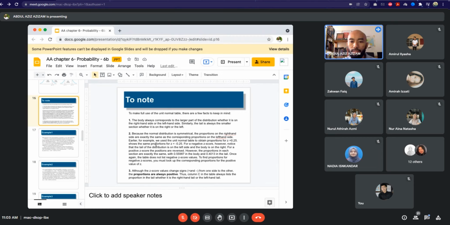Because the normal distribution is symmetrical, the proportion on the right hand side is exactly the same as the proportion on the left hand side. If the left is 25, the right is also 25. For example, we use the normal table to obtain the proportion for z equal to 0.25, and it shows the same proportion as z equal to negative 0.25. The same.